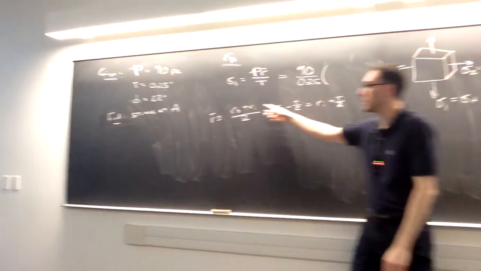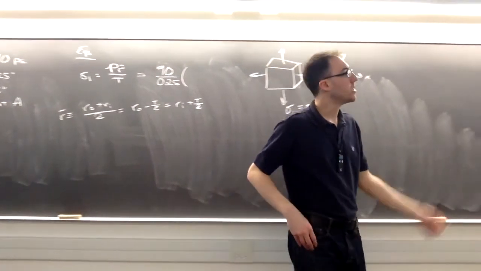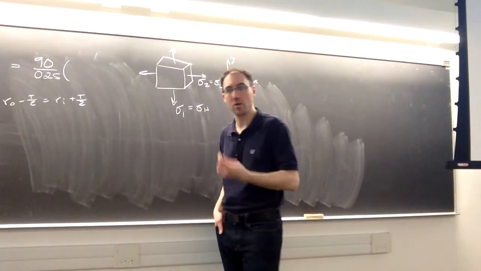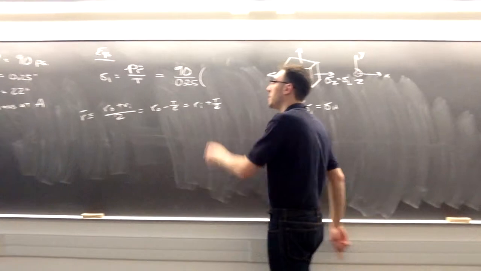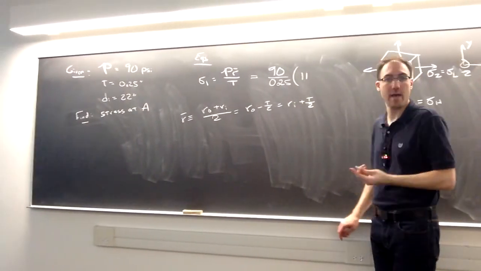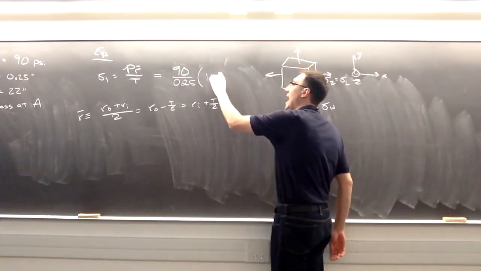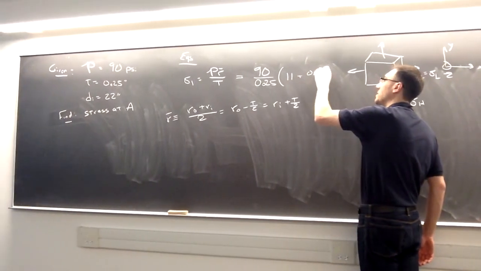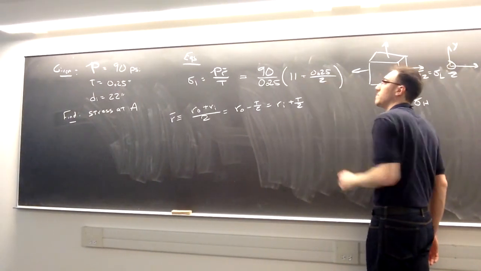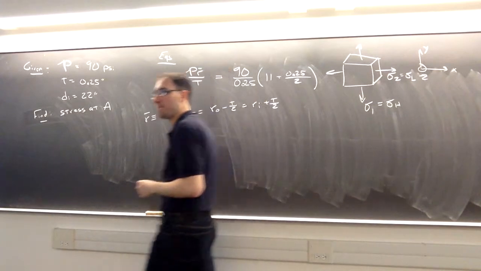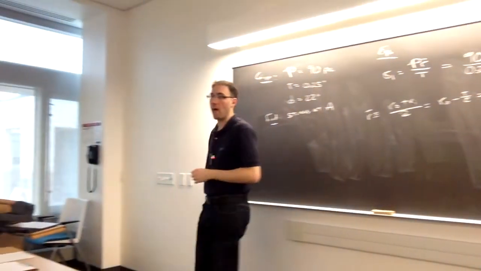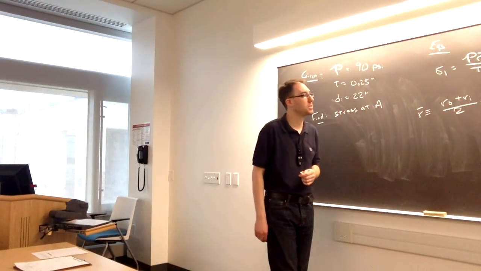All of these will get us to that mean radius. So in this case, we're given the internal diameter, so we can find the internal radius is 11 inches, and then add half of the thickness. And that will get us our mean radius in this case.